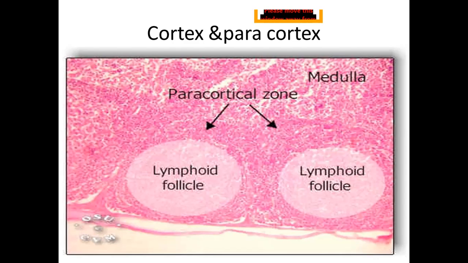After that, they migrate into the basal light zone, and these B cells are known as centrocytes. After that, they migrate to the apical light zone.